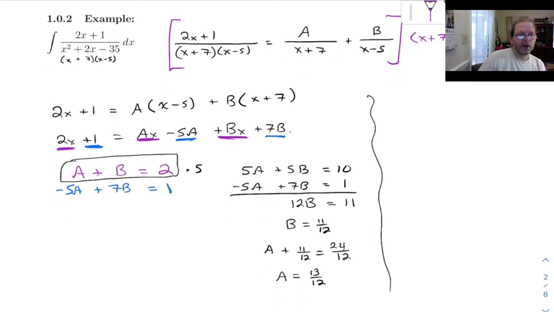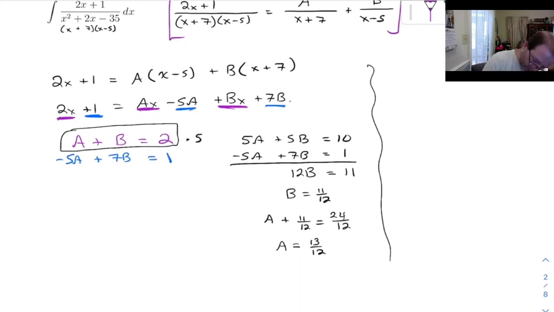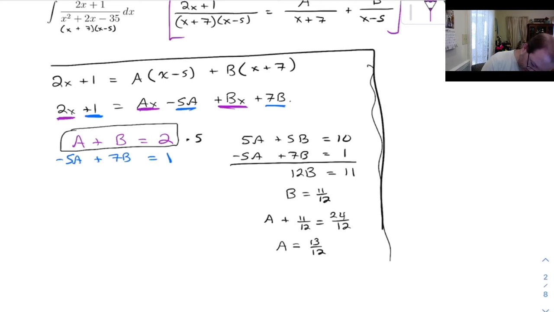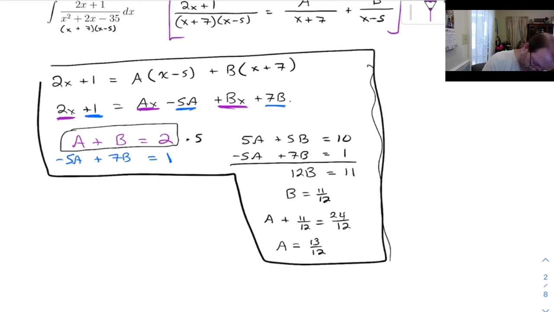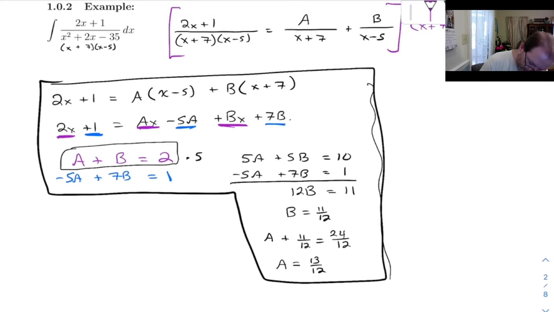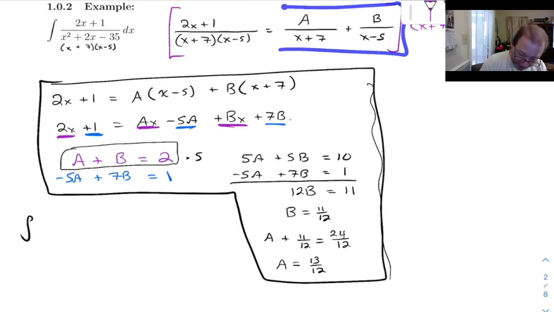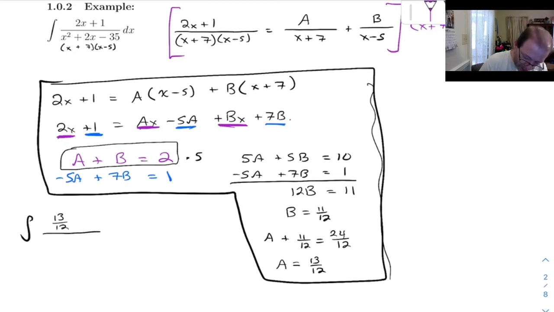All right, so I can rewrite my integral. Actually, I'm going to put all this in a box because this is all my partial fraction bits. So I can rewrite my integral now as the integral of, and I'm referring back to this up here, A is 13 over 12 over x plus 7, and then B was 11 over 12 over x plus 7.